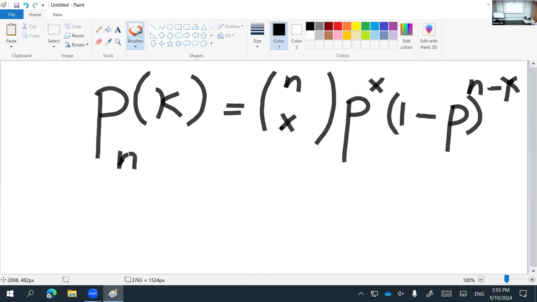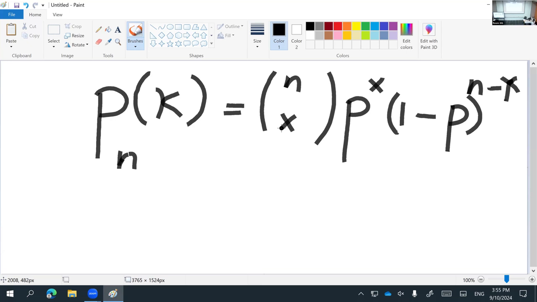Now, if I make p equal to 1/2 and n equal to the number of coin tosses, this is nothing more than the probability of total number of heads. Right? I make a coin toss 10 times. What's the probability of all tails?